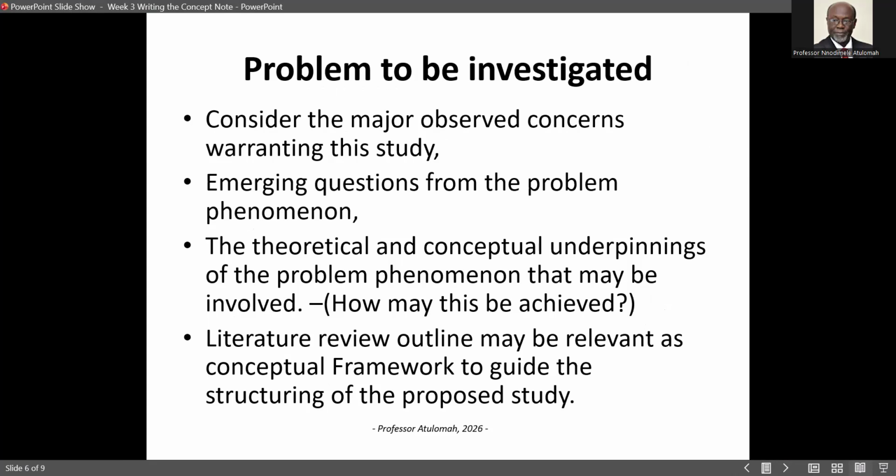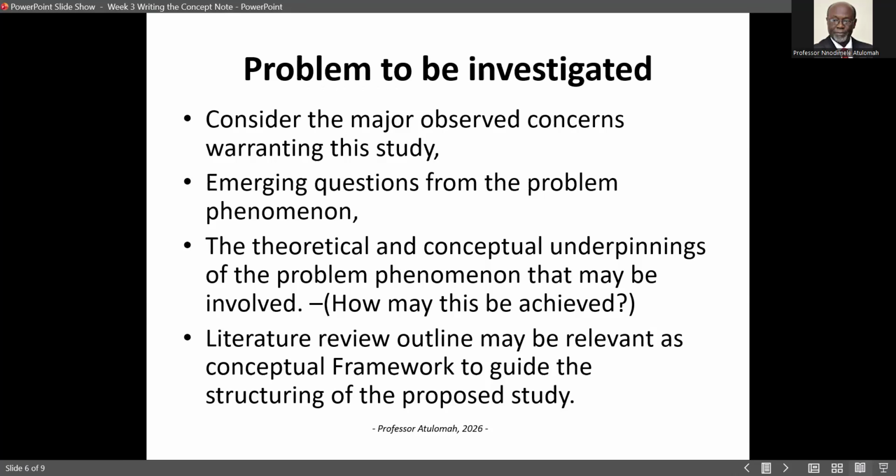So consider the major observed concern warranting this study. The problem is really deep. And if it is disease related, the disease is not the problem. The problem is why the disease persists, despite there being very effective clinical and preventive interventions. That is how we find out what problems are.